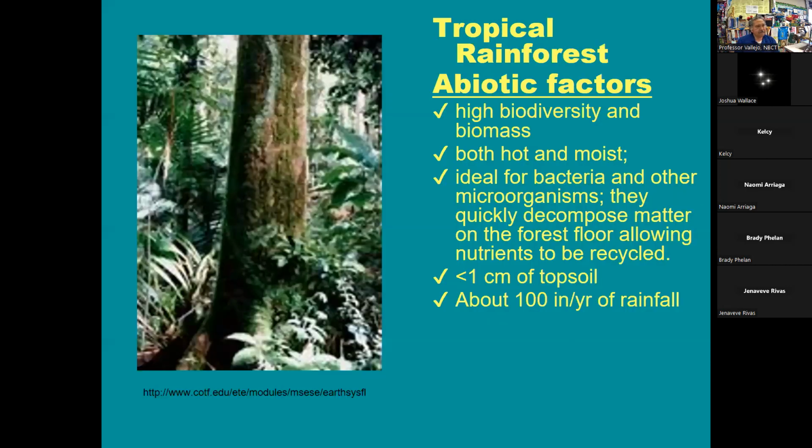That's kind of interesting. All right, here are some abiotic factors of the tropical rainforest. High biodiversity and biomass. That means you have a lot of different organisms in a small area. For some frogs in the tropical rainforest, in this square mile, this is the only place where this particular species of frog exists in the world, in a small patch of the tropical rainforest. So there are plenty of species where that's the case.